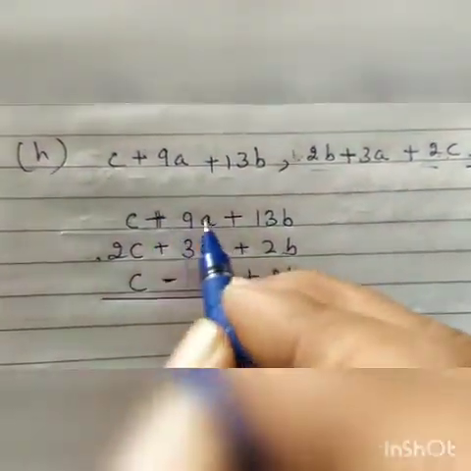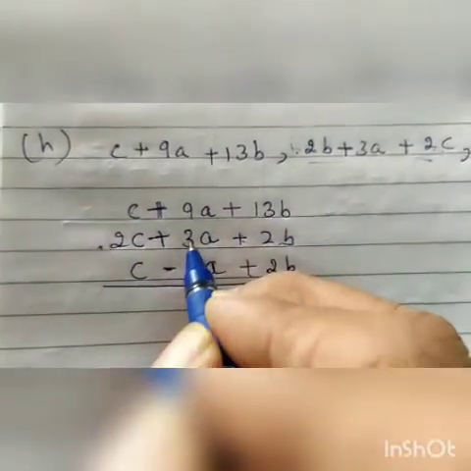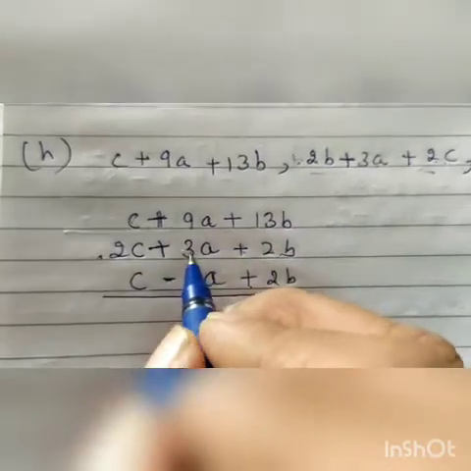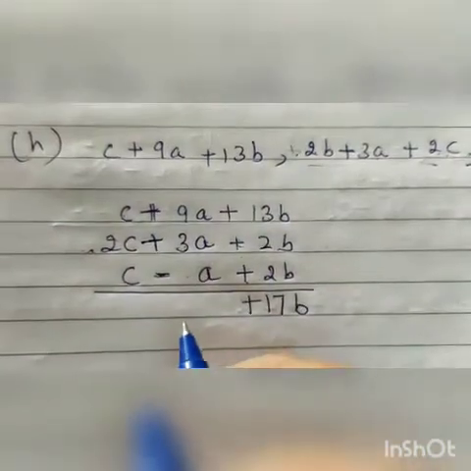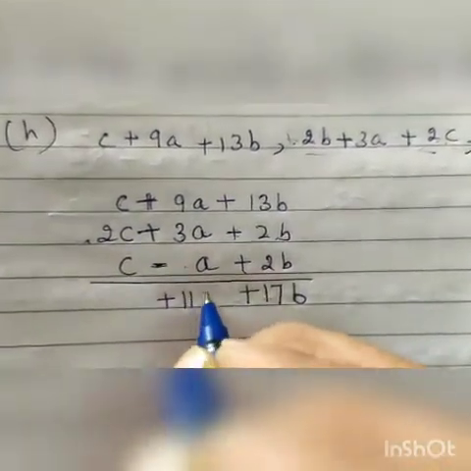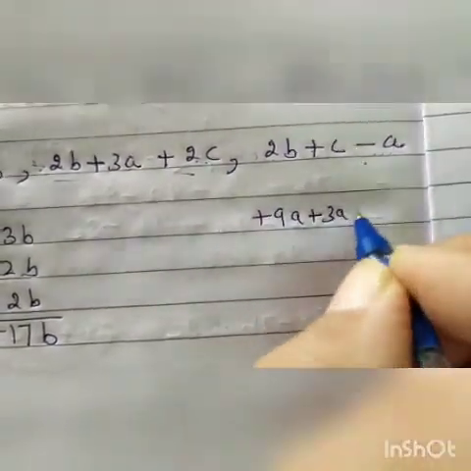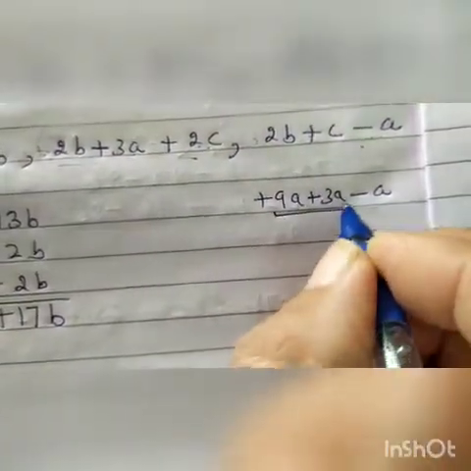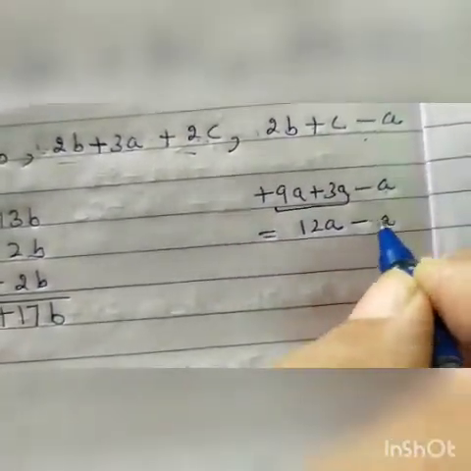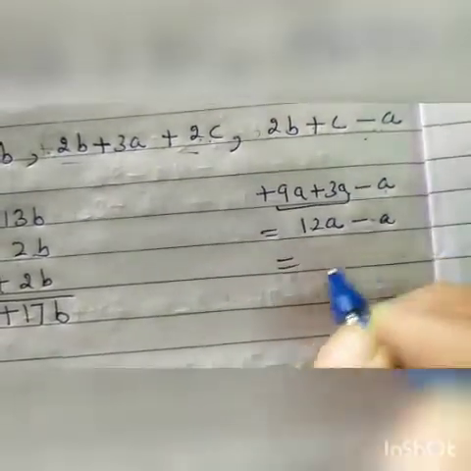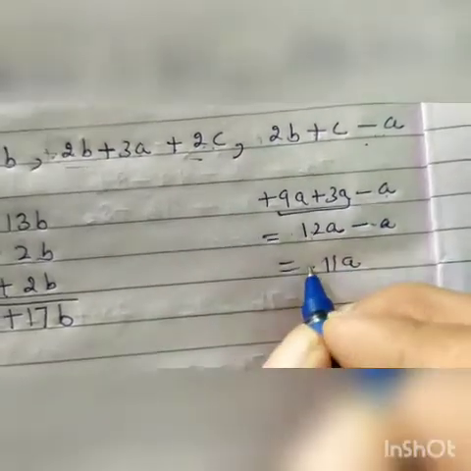Now plus 9a and plus 3a, 9 plus 3, 12, plus 12a, then minus 1a. 12 minus 1, 11, with plus sign because before the larger number there is plus sign.